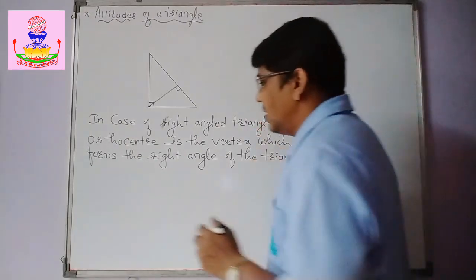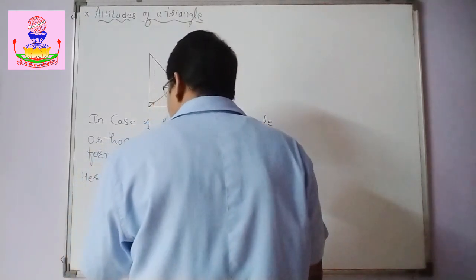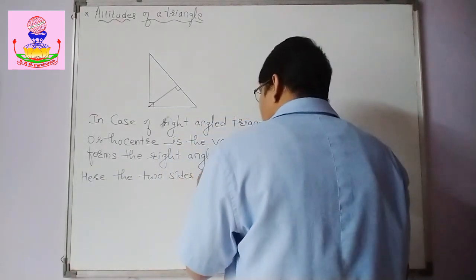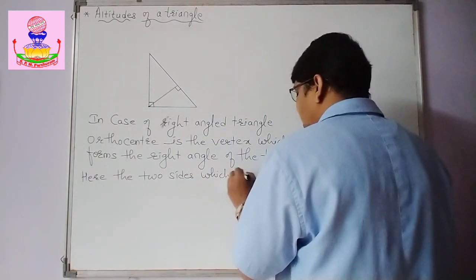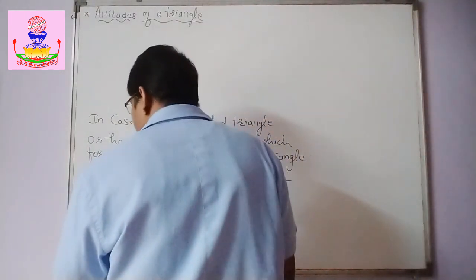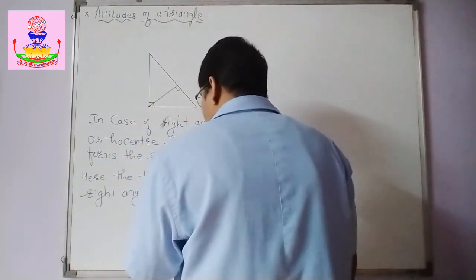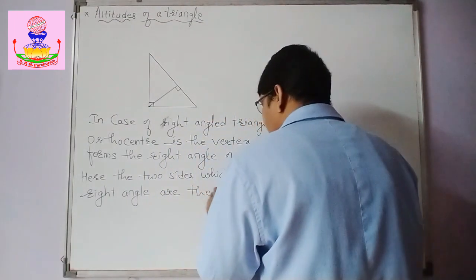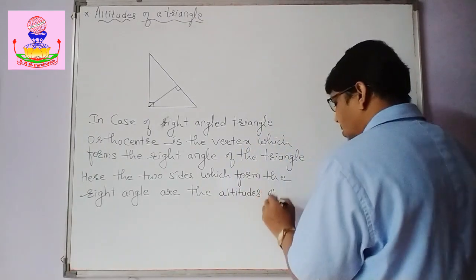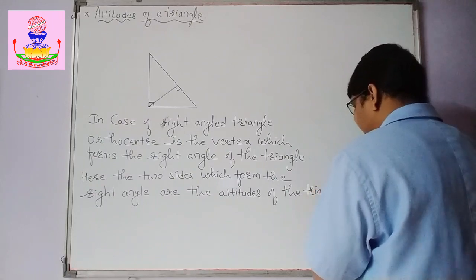Okay. Secondly, here the two sides which form the right angle are the altitudes of the triangle.